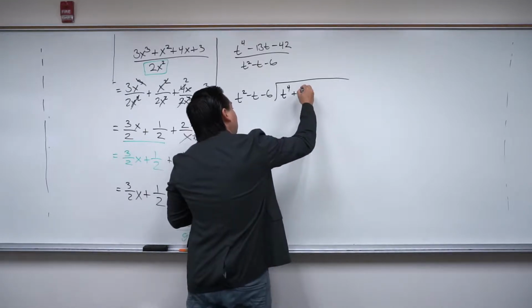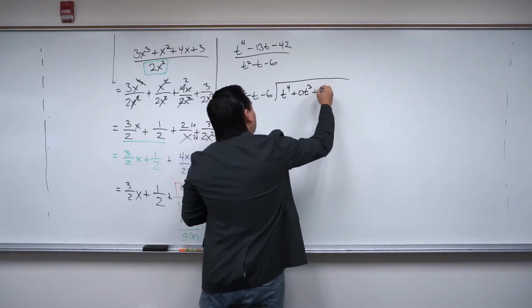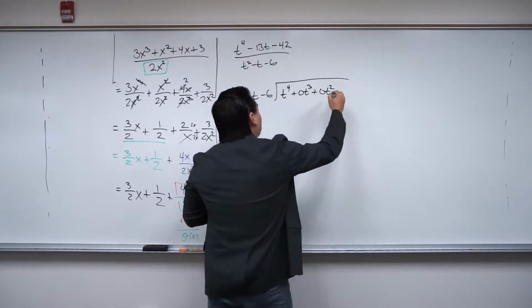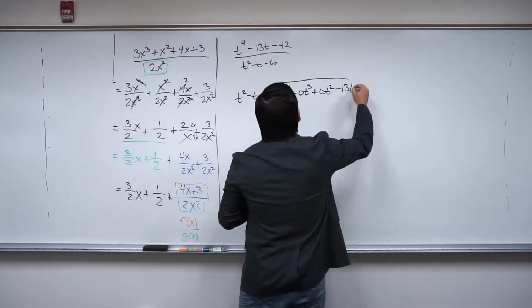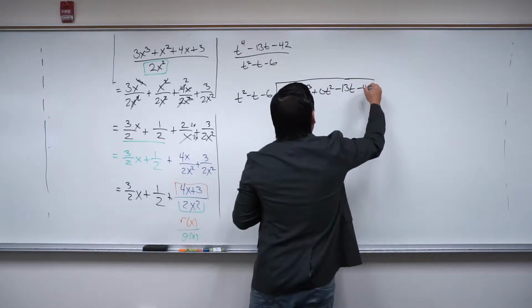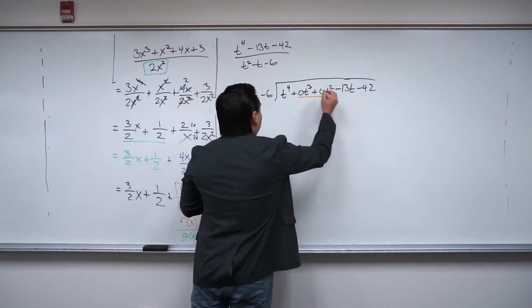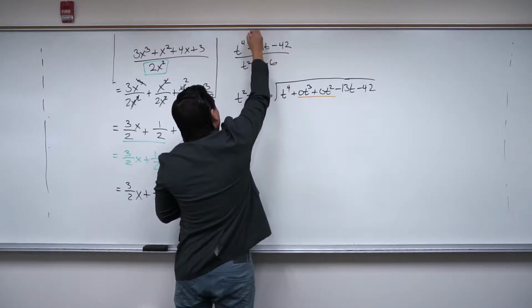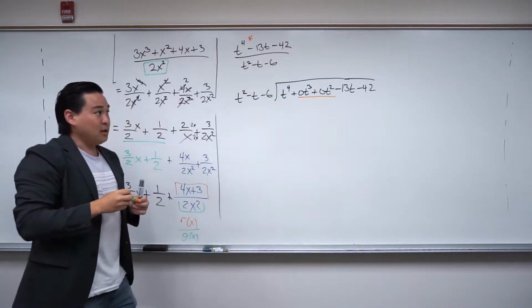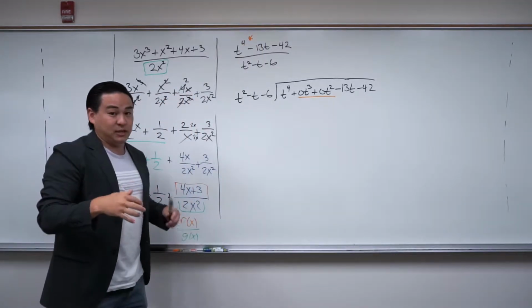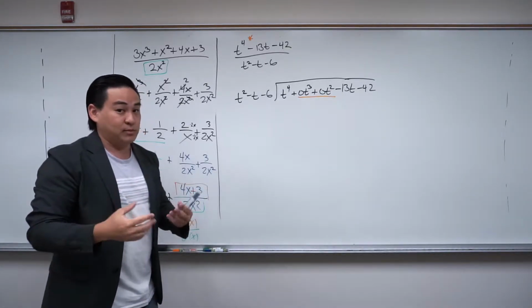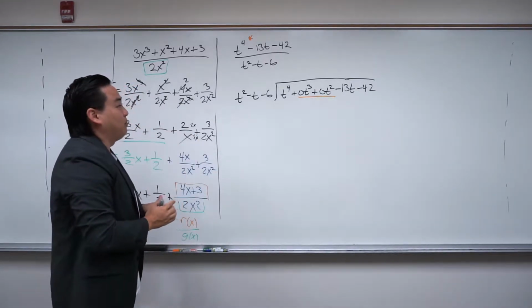So really, there's 0 t cubes, 0 t squareds, but negative 13t minus 42. So these ones in the middle, they're missing up there. But we write them just for the sake of keeping track of the exponents. And you'll see that when we start doing the problem.